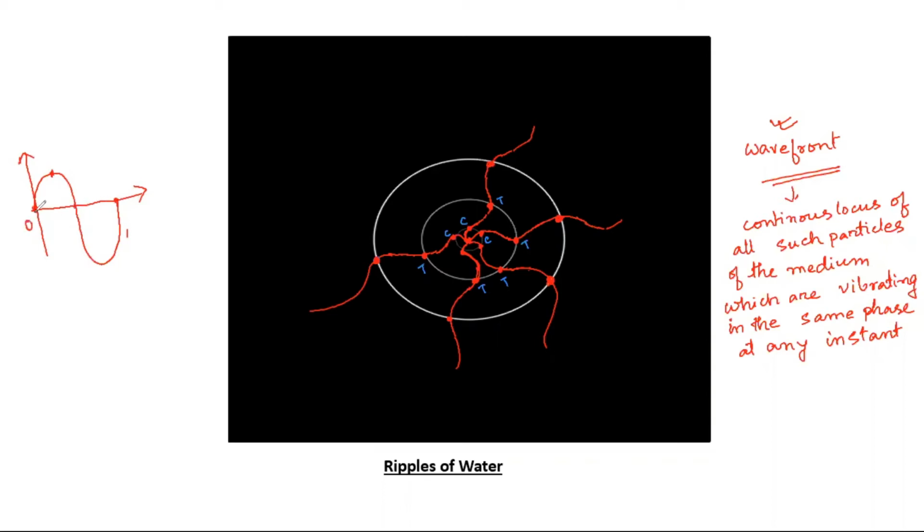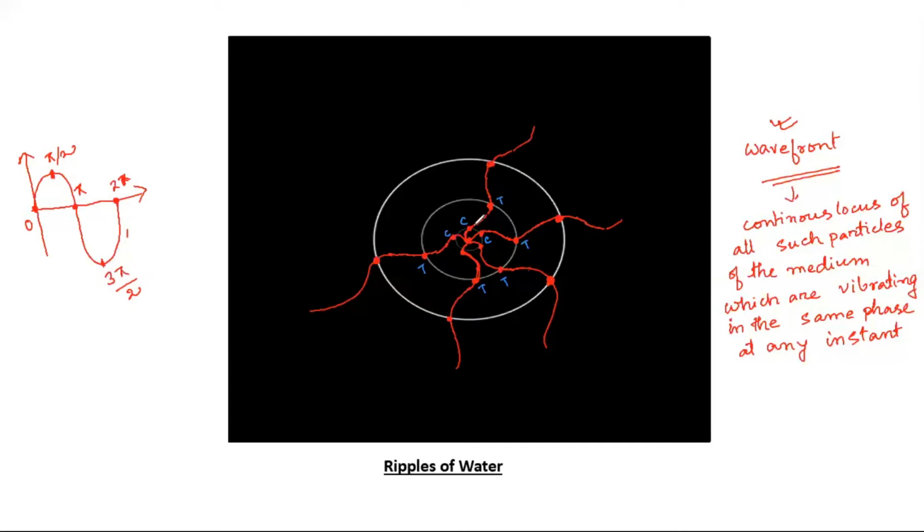This point has phase 0, and this point has phase 2 pi. This point has phase pi, this point has phase pi by 2, and this point has phase 3 pi by 2. I have considered only these extreme points, and at these points we have these phase values.